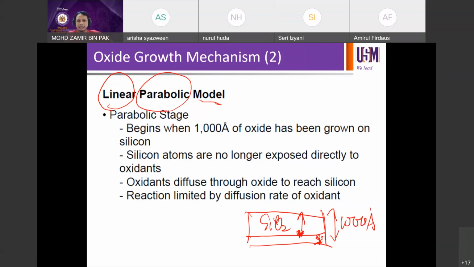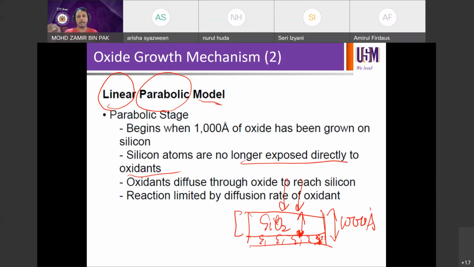So the silicon atoms are no longer exposed directly to the oxidant. Like listening to the room earlier, the wall is now thick, whereas before the wall was thin. The oxidants are still coming in, but this is now the physical barrier. The silicon atoms are all sitting below, still on the surface of the silicon wafer, but the surface is now further down, okay? Instead of at the start of the process, where the silicon was directly available to the oxidant.